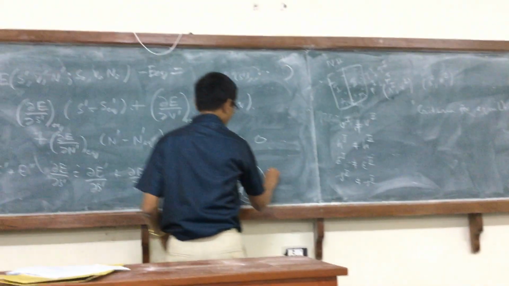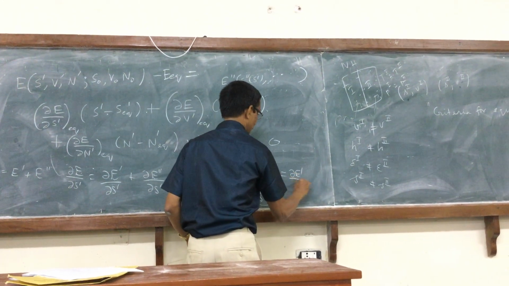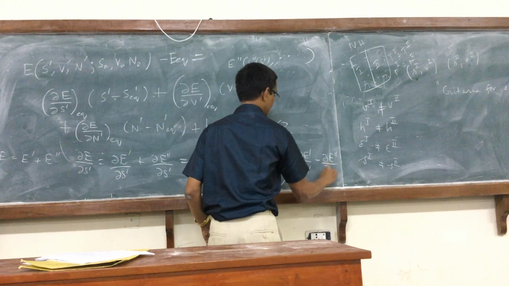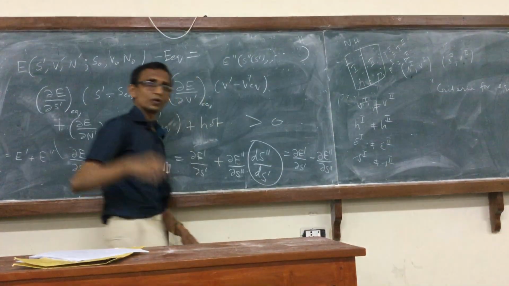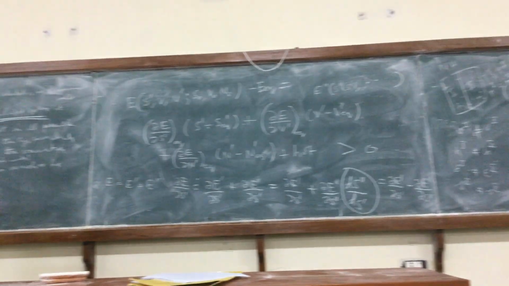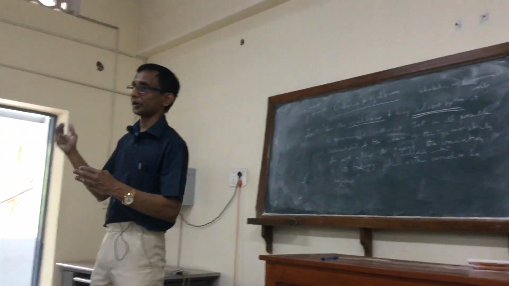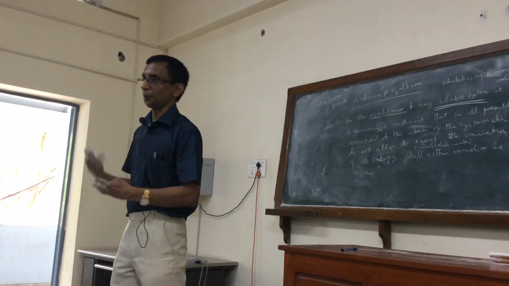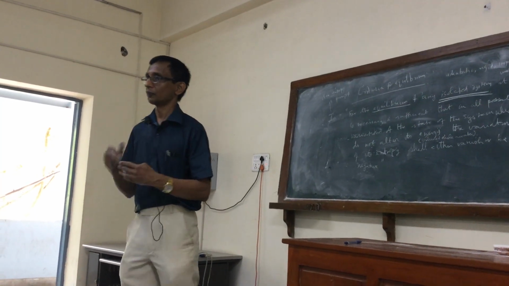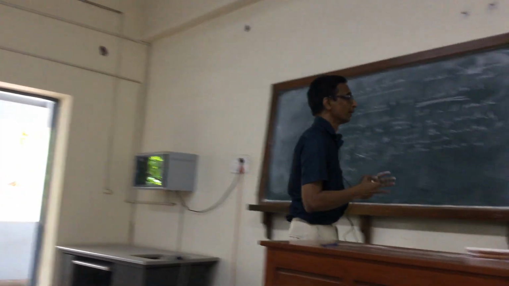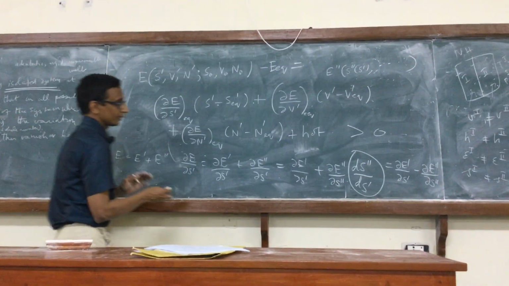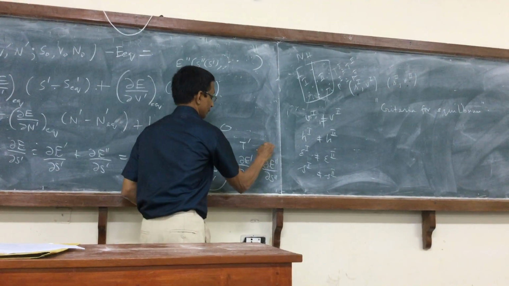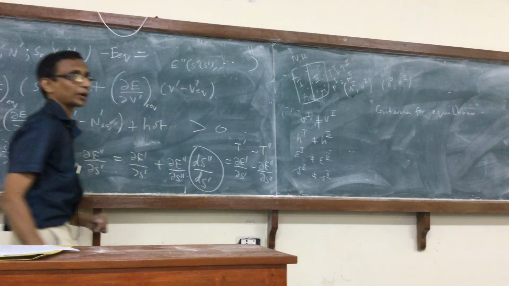So I can now write this as dE prime by dS prime minus dE double prime by dS double prime. If you recall the fundamental equation in terms of the extensive variables, the quantity dE by dS could be associated with the temperature of the system. We consider only homogeneous states then. So I could regard this as given by T prime and this as given by T double prime.